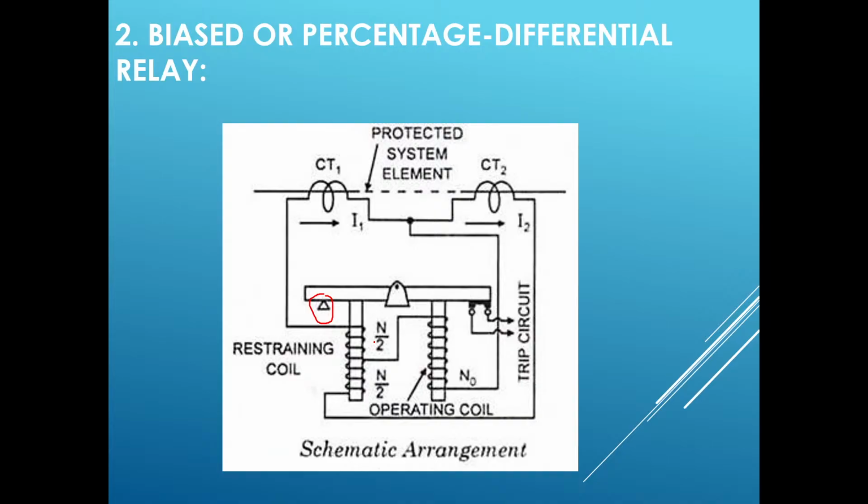Now, if any internal fault occurs, let us assume some fault has occurred here. Then the current flowing through the operating coil will become greater than the current flowing through the restraining coil.